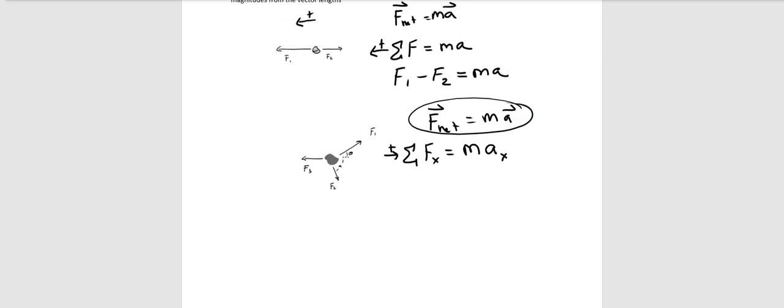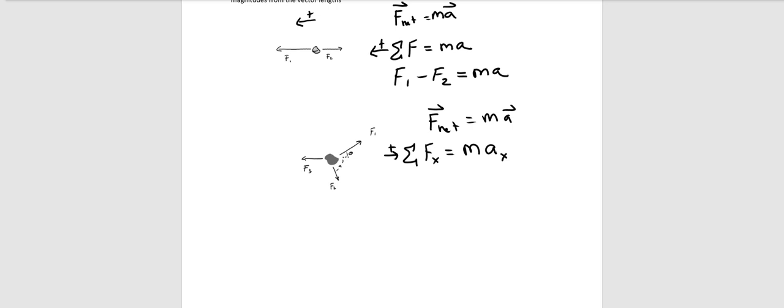So if we add up the x components of all force vectors, and I'm going to call right positive, that would have to equal mass times acceleration in the x direction. So what we're doing here is applying this equation in this direction, right?